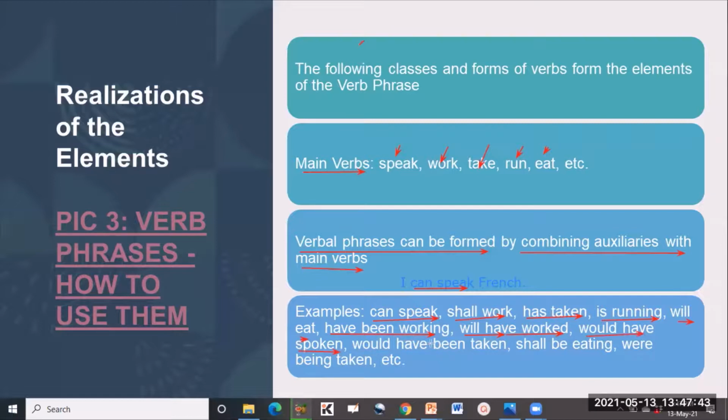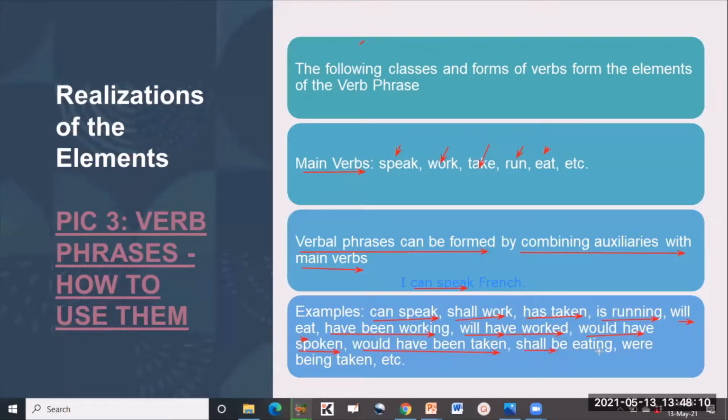Would have been taken: this money would have been taken by Rose if she had seen it. Would have been taken.